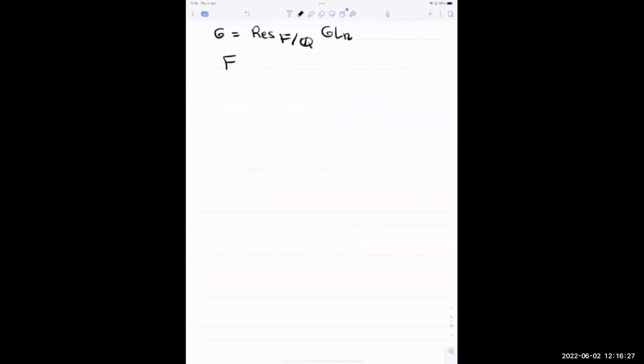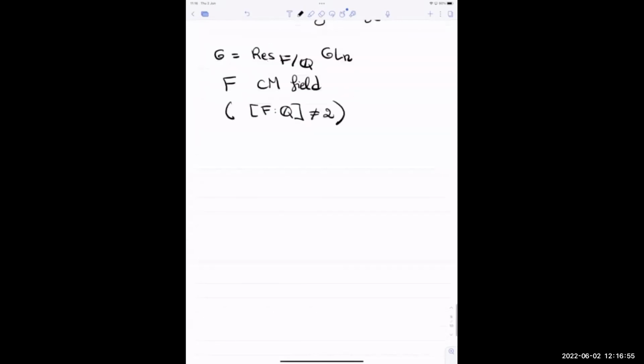So F is assumed to be a CM field, and for technical reasons, we want to assume that this is not imaginary quadratic. Even if you start out with an imaginary quadratic field, using base change you can put yourself in a situation where you go to some CM field that's still solvable, and you can do things over there.